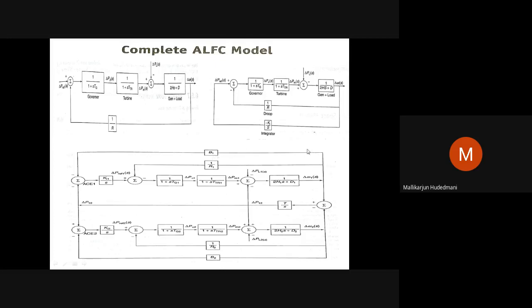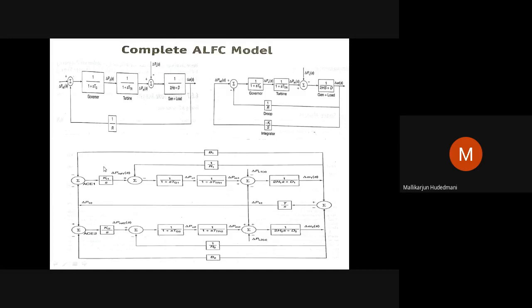So this area's beta 1 and this area's delta omega or delta F are together configured as ACE1. ACE1 refers to the status of this area, whether it is in balance, in deficit of generation, or in excess generation, which I can quantify by ACE.